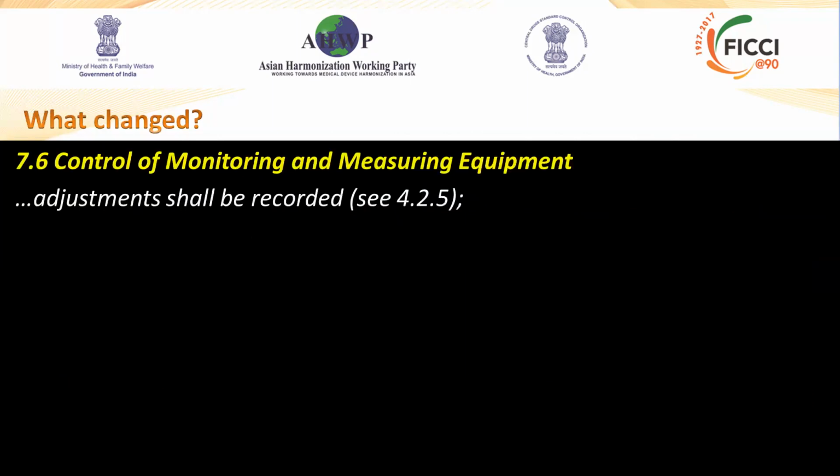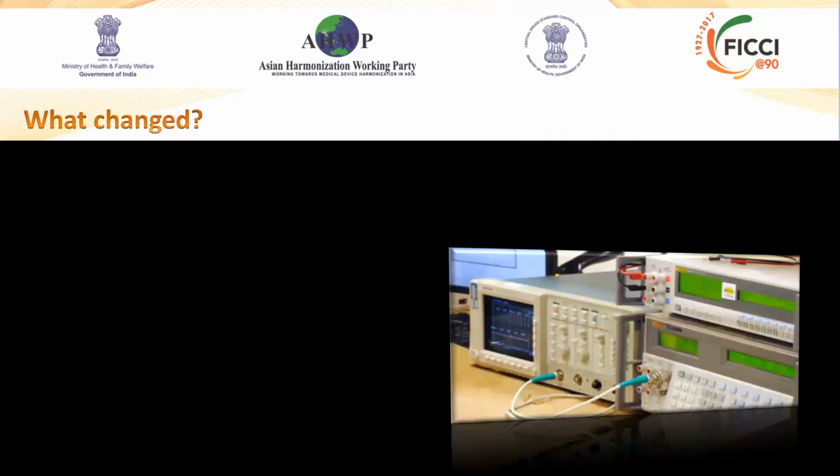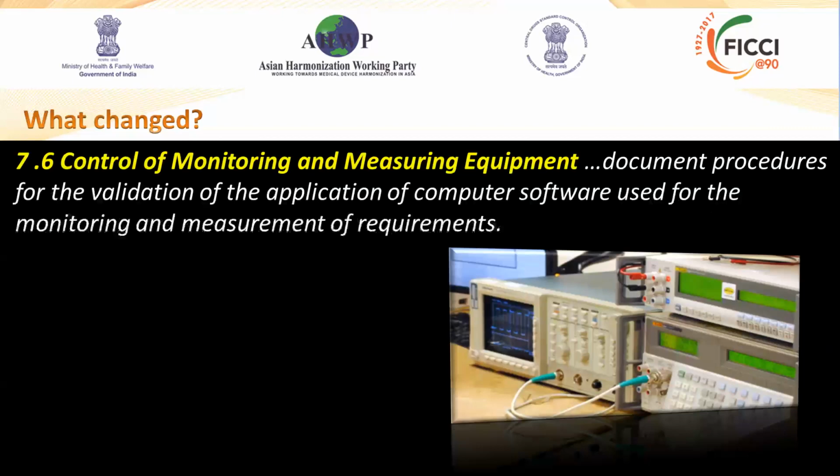Control of monitoring and measuring equipment. A little addition here having to do with adjustments. If there are adjustments made, they do need to be recorded now. That's something that wasn't there before. Other things within the control of monitoring and measuring equipment, there needs to be a documented procedure for the validation of applicable computer software used for the monitoring and measuring equipment.